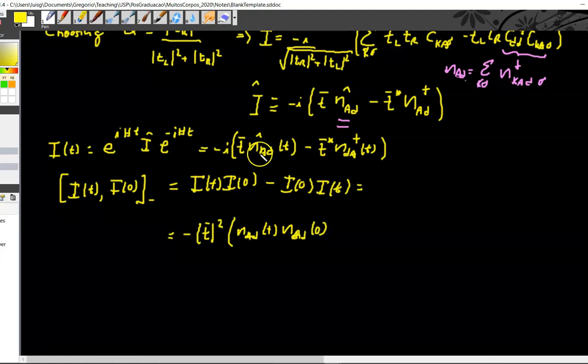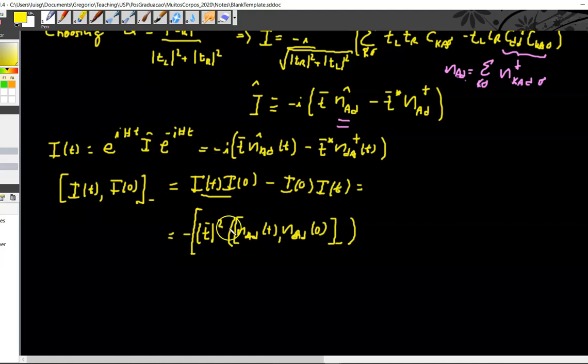Coming from this product minus the reverse, so there will be a commutator here. So there's this minus over all, right?